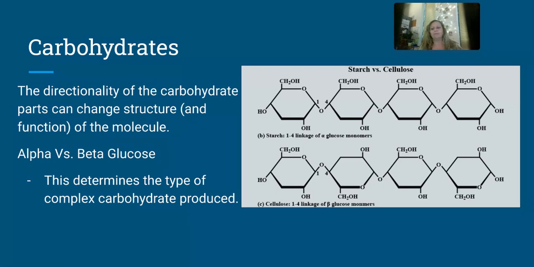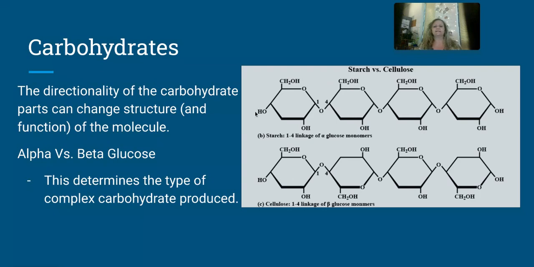And if you take a peek at the alpha glucose monomers, they're set up in such a way that the oxygen on one end is actually pointing in a different direction. It's a flip between an oxygen and a hydroxide. So they flip. And that flip actually changes the function of that monomer.